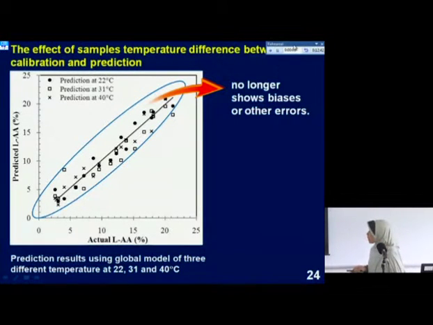So this figure clearly illustrates that using the global calibration model, we can compensate for the influence of variation of temperature with low bias. So, using the global calibration model, no bias was observed anymore.